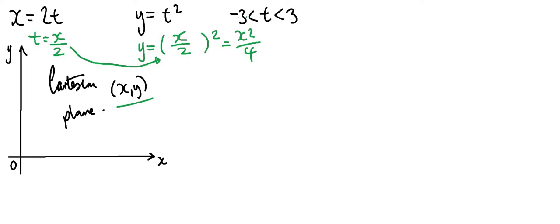The only other thing I need is the domain, which was defined in terms of t. And remember, the domain is the input, that's my x values. So I need to define this in terms of x. When t equals -3, remembering that x is equal to 2t, that means that x equals -6.